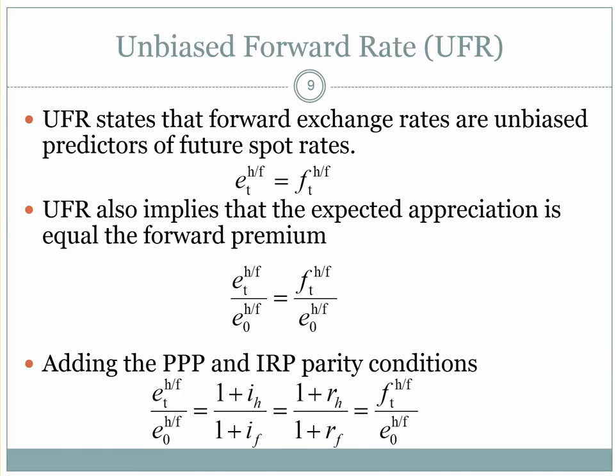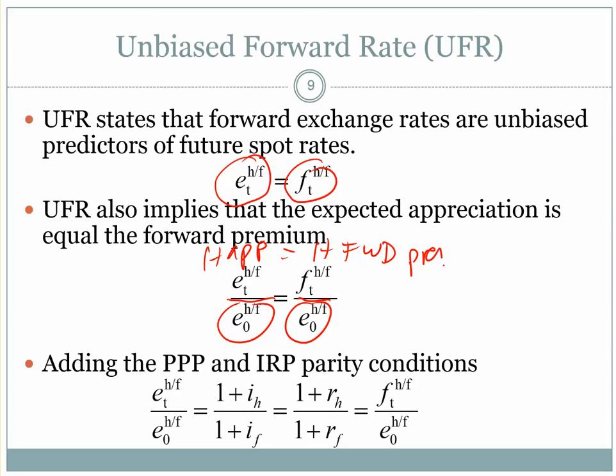So our unbiased forward rate says that the expected spot price is the forward price. If I divide both sides by the current spot price, I can also talk about that 1 plus the appreciation of a currency is equal to 1 plus the forward premium. So that's an important equality in currencies. And that leads us to this formula here, kind of a 4-part equality. These are called the parity conditions for exchange rates.